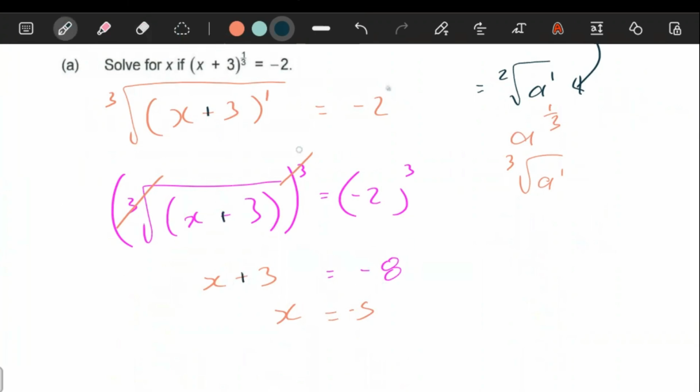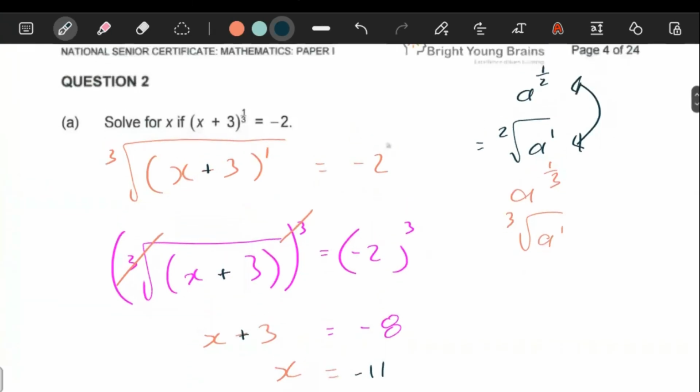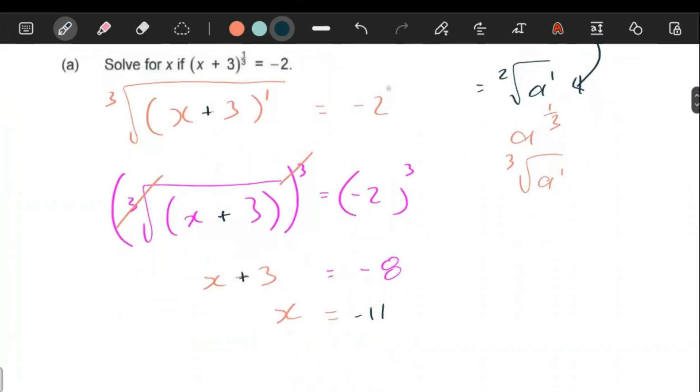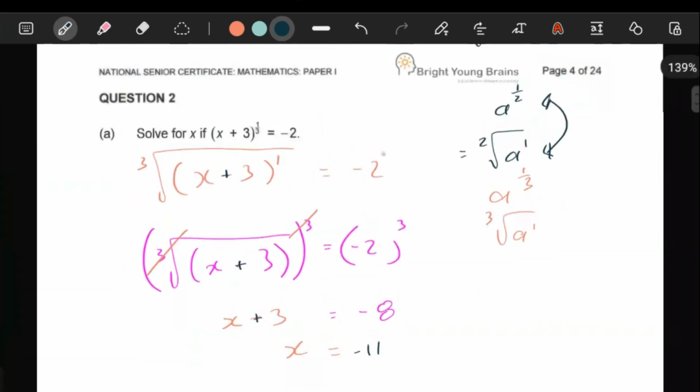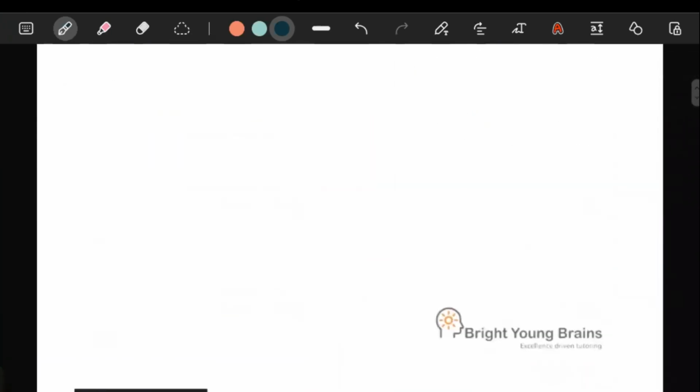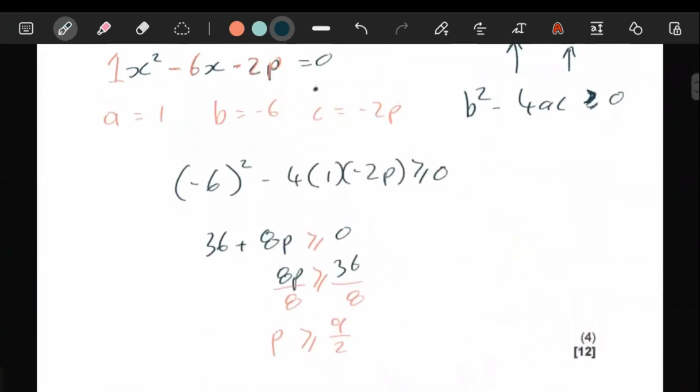Meaning when it goes over to the other side, you minus. So that's -11. So just always look out for the way you rewrite your answers, because if you get it wrong here, they're going to just see your final answer and mark it wrong. They're not going to consider how you wrote the question incorrectly. So I think as we go along, we're just going to need to be double checking as best as you can.